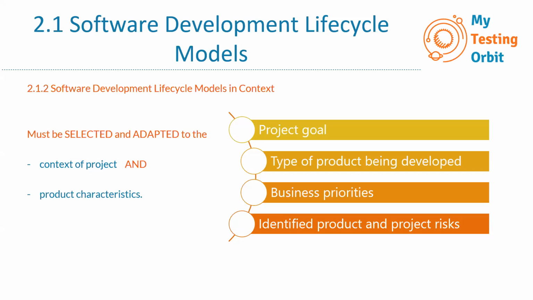Second is the type of product being developed. When we are developing a product or a project, it depends on what type of project it is. It can be a very critical project, or one where lots of security concerns are there, or a product for which performance testing will be a key thing.